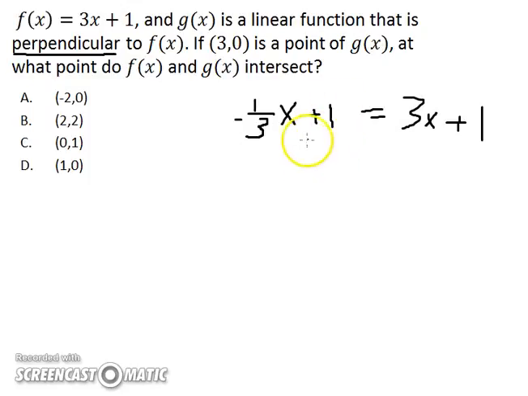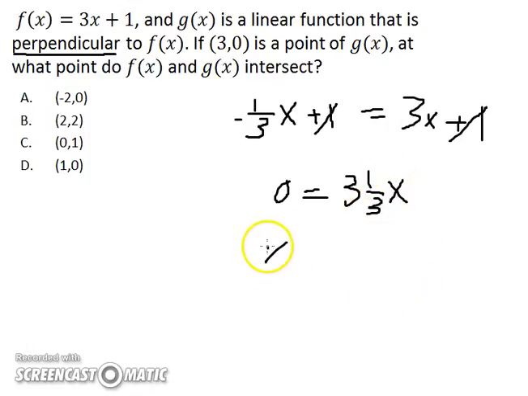we're going to subtract 1 from both sides. And then we're going to add 1/3 x to both sides. So we end up with 0 equals 3 and 1/3 x. So x equals 0.